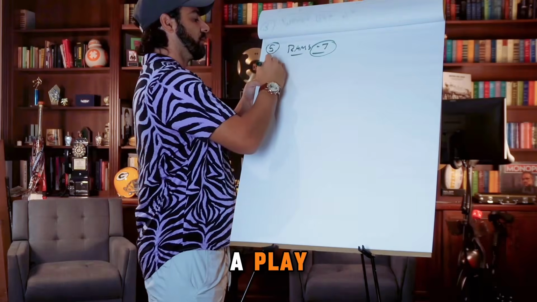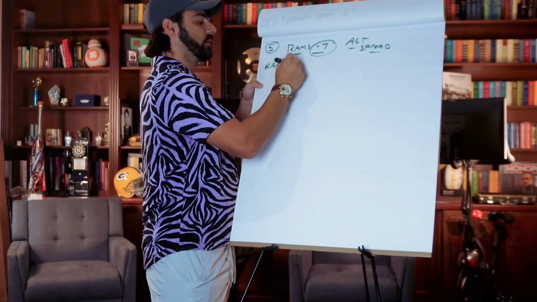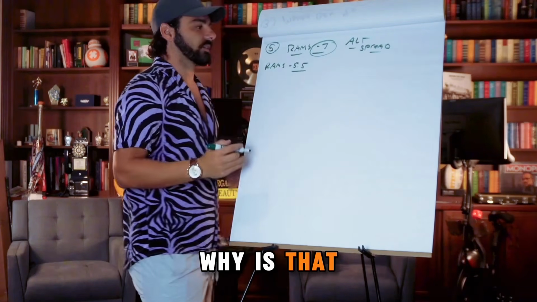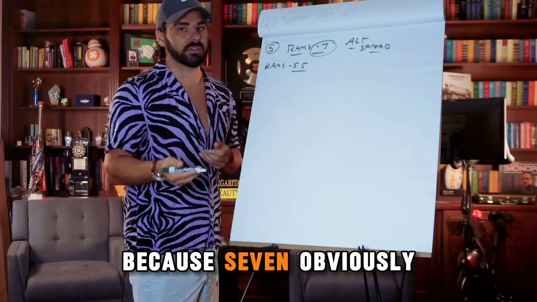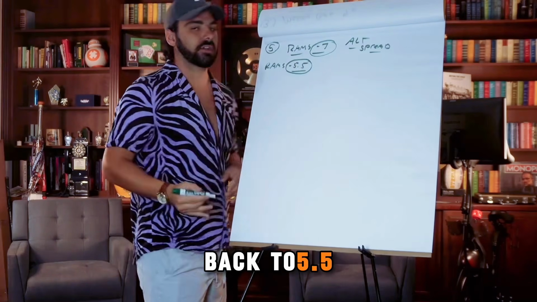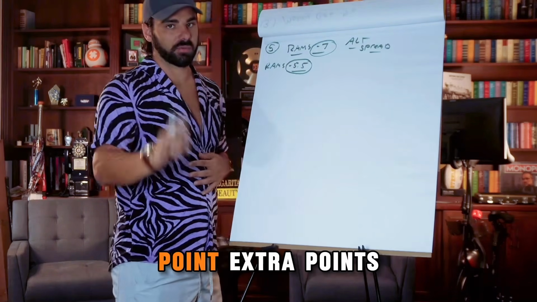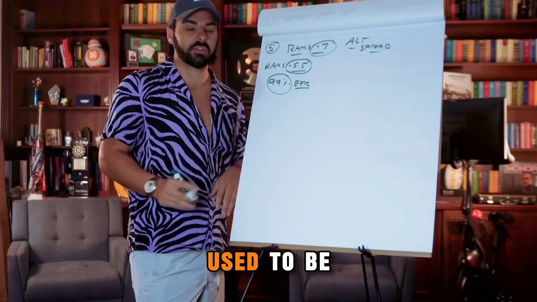If this was a play, we would be taking an alternate spread of Rams -5.5. Why is that? Because you might be thinking, wouldn't you just buy back to 6.5, because 7 obviously is a touchdown key number? No. And you want to know why you buy back to 5.5 now? Because of the extra point. Extra points used to be 99% efficiency. They used to be automatic.